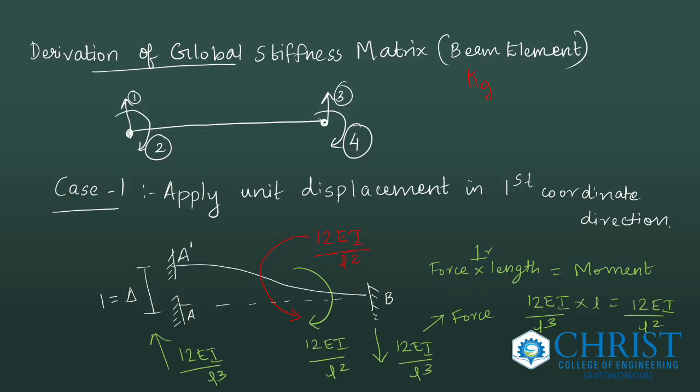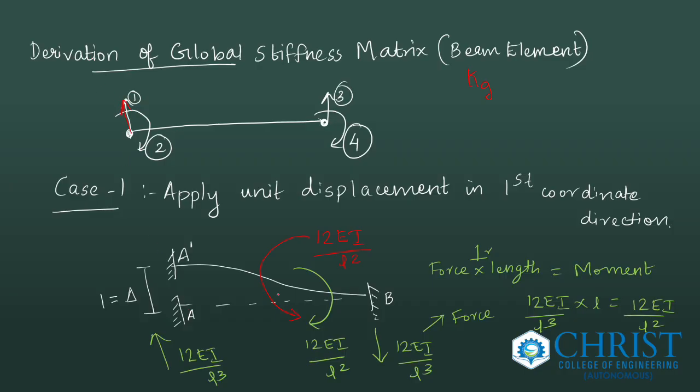The first case is I apply a unit displacement in the first system coordinate direction. The first coordinate direction is basically a motion in the y direction, so it can be a displacement in the y direction.